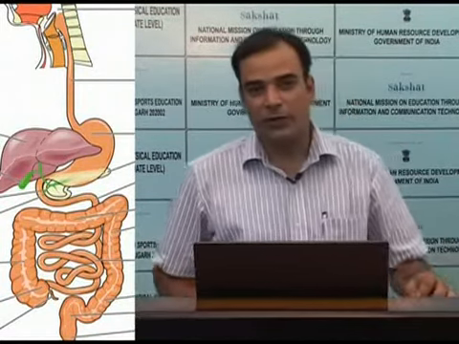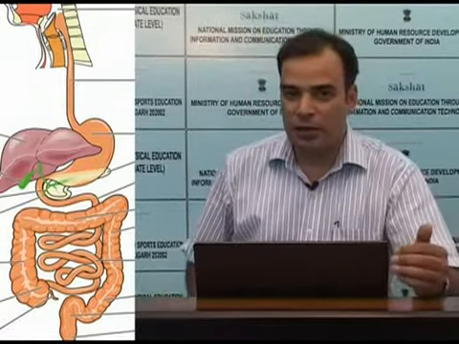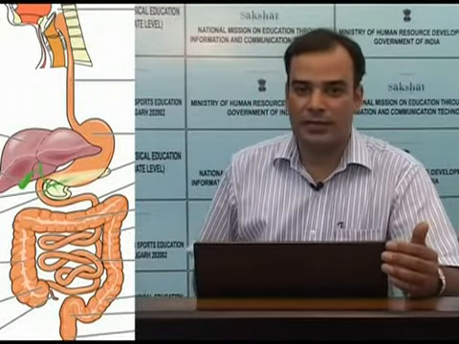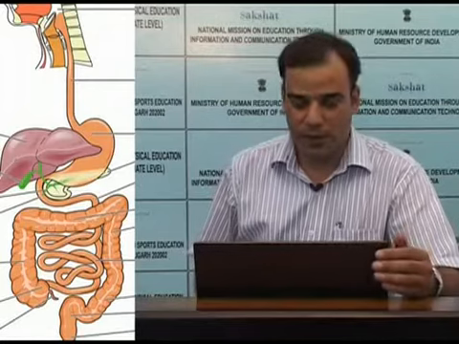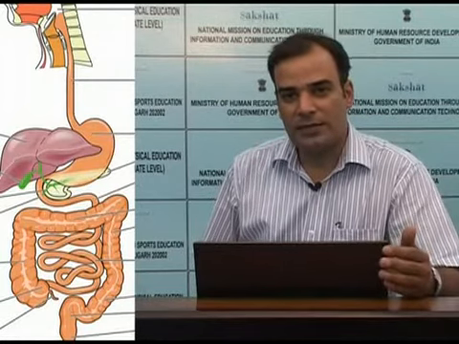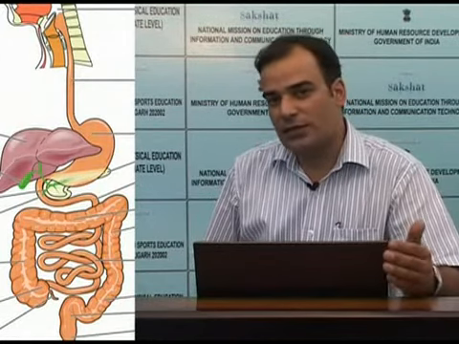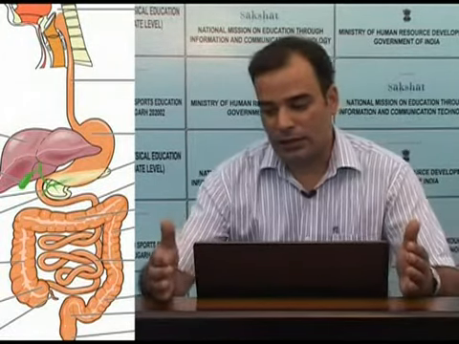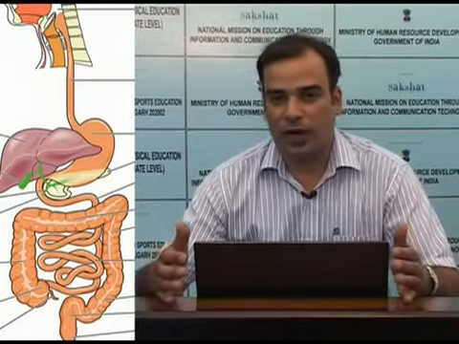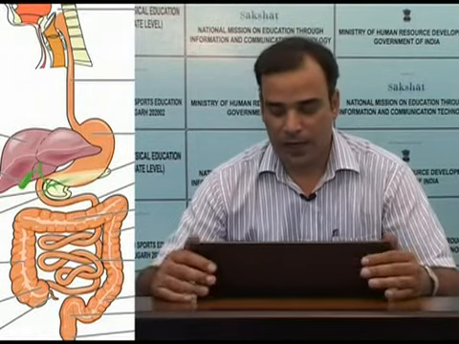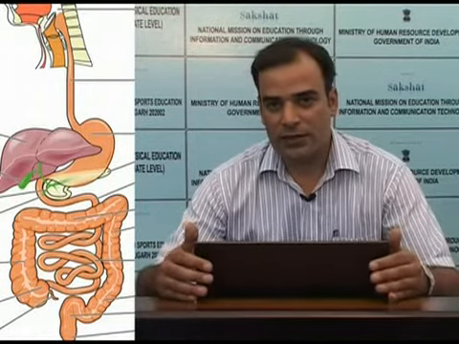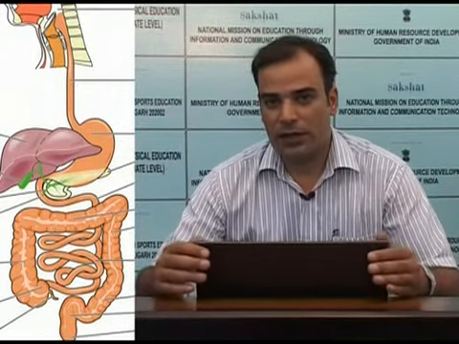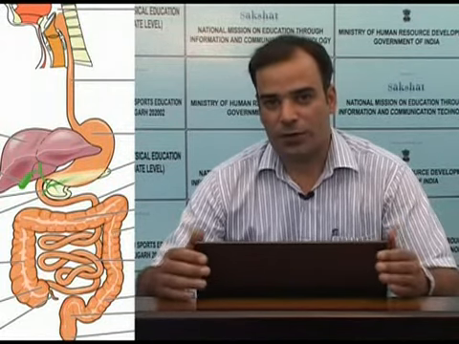Now, the food that we take, when it reaches our body, cannot be utilized by our cells, because the molecules of the food are large. Our cells utilize food molecules that are very small.